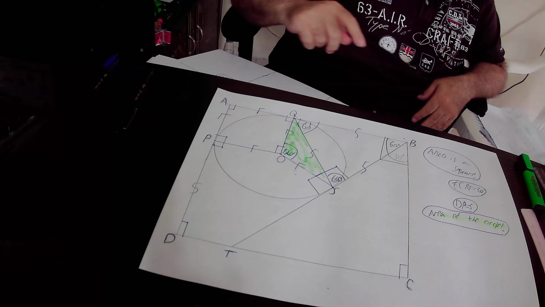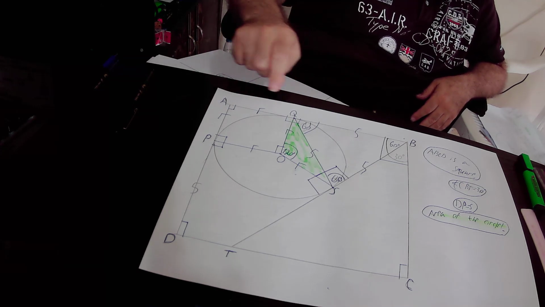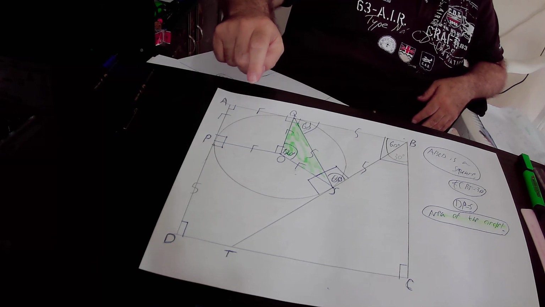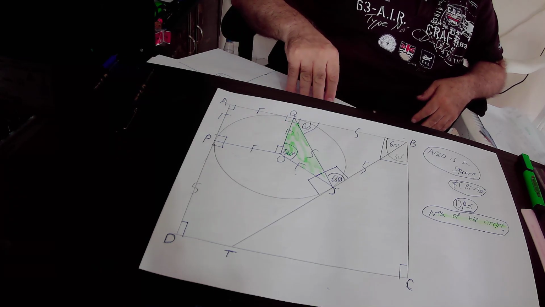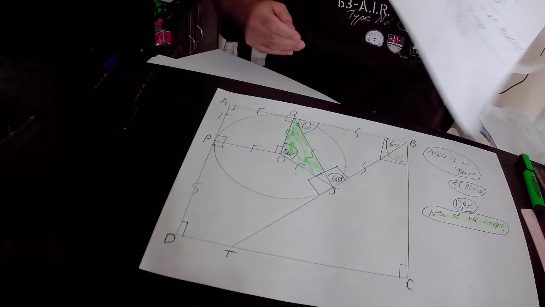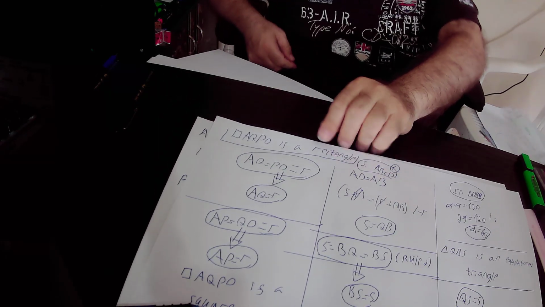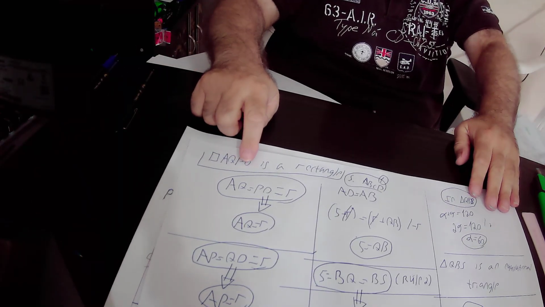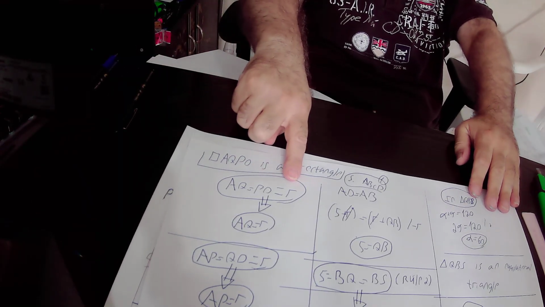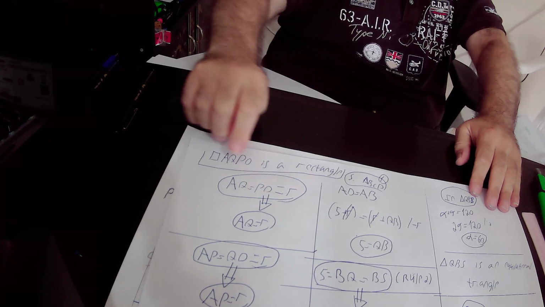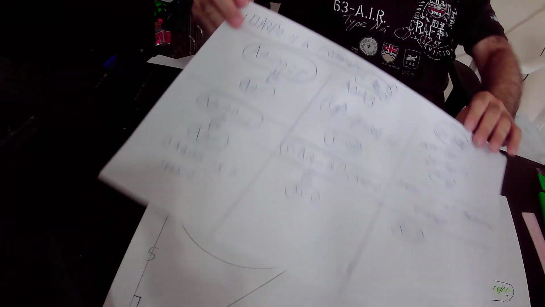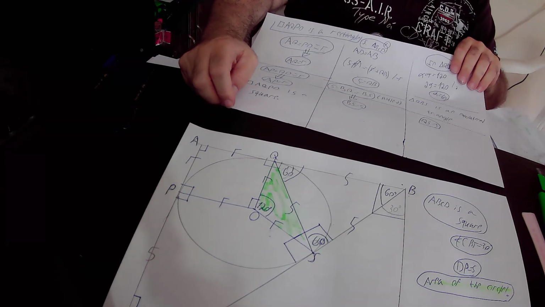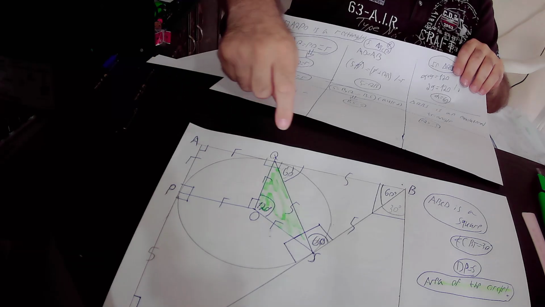And we know that the opposite sides of a rectangle are equal to each other. That is to say, AQ equals to PO. But we already found out that PO equals to R. And from this equation, AQ equals to PO equals to R, we derive that AQ is also equals to R. Likewise, we get that AP equals to QO.